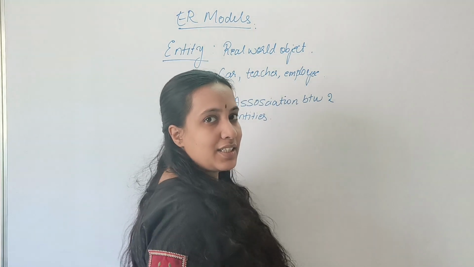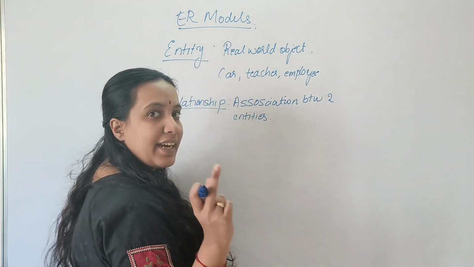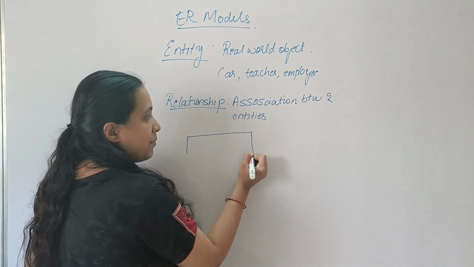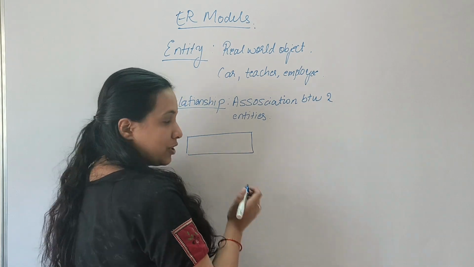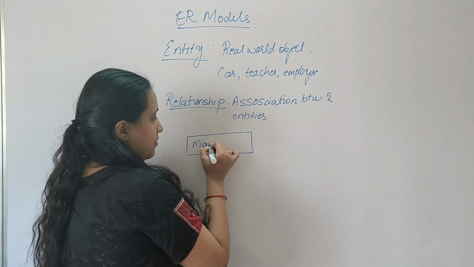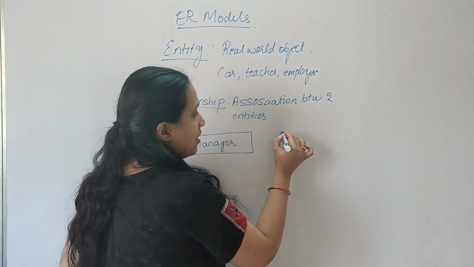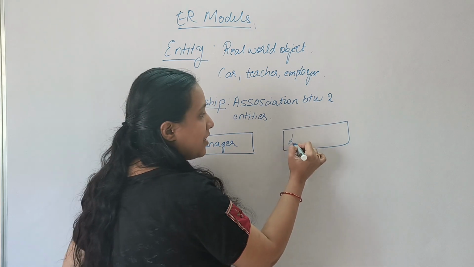Now let us understand this a little deeper. Let us consider the entity manager. In your ER model, you represent the entity inside a rectangular box. Manager. I have another entity, department.